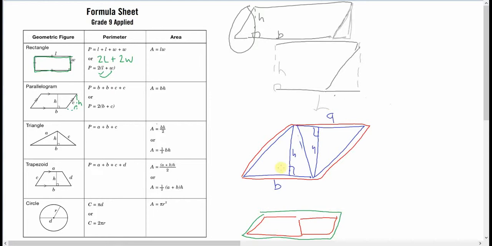Let's just go back to the triangle for a second. So notice the formula is base times height, but because there's two triangles, it would make a whole parallelogram that's twice as big. We have to divide it by 2.